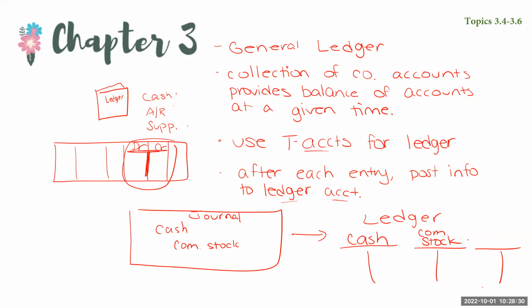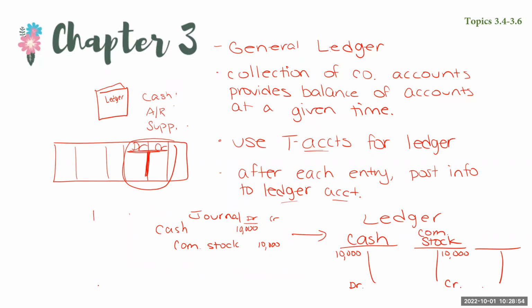But of course, we would have one for every account. And you just move it. So let's say it was cash, 10,000, and common stock, 10,000. So cash debit 10,000, common stock credit. That's all posting is, just moving.